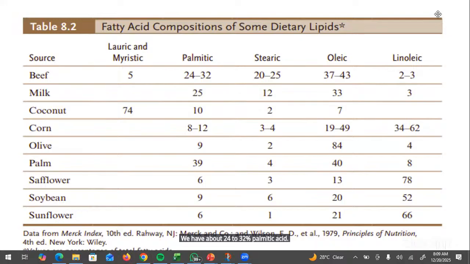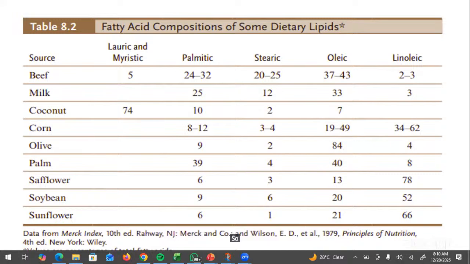Stearic acid, we have about 20 to 25%. Oleic acid has about 37 to 43%. Then linoleic acid, we have just 2 to 3%. So beef is majorly from this source. This is data from Merck Index, 10th edition, and Principles of Nutrition, 4th edition, New York, Wiley.